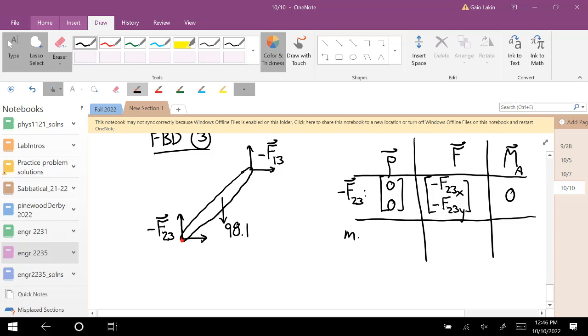Then the weight force, that is at 0.25, 0.433. That's the row vector. Force vector is 0, negative 981. So cross product is negative 24.525.